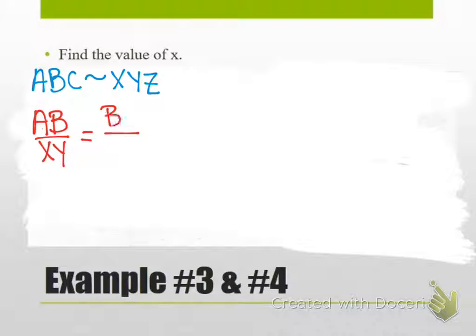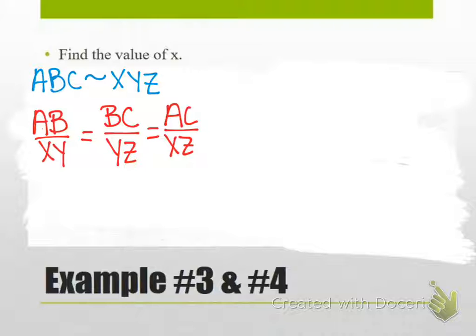And I'm going to compare BC to what side? YZ. And I would compare AC to what side? XZ. Okay, are we all okay with how I set that up? So I didn't even use the diagrams they gave me, I just used the similarity statement. Now we can use this on both problems because we have the same similarity statement for both problems.